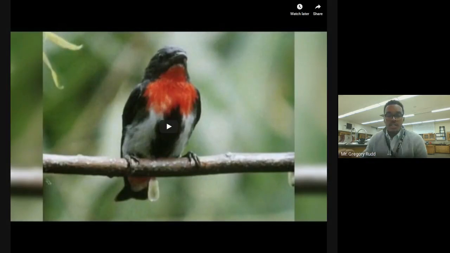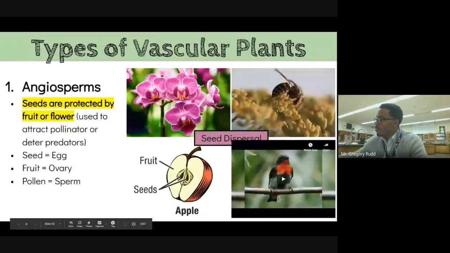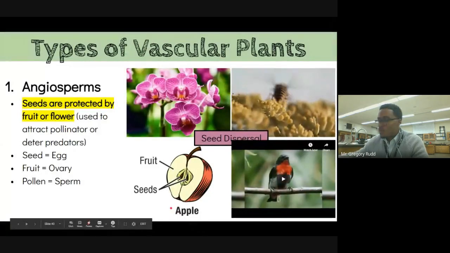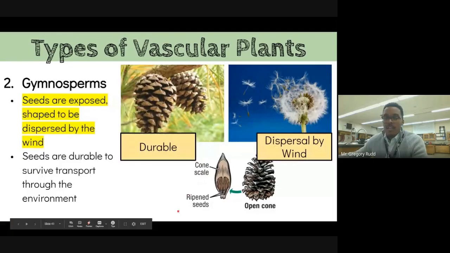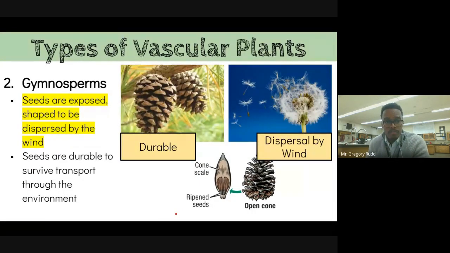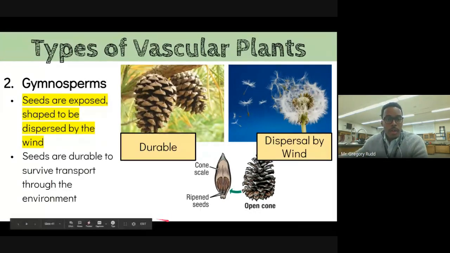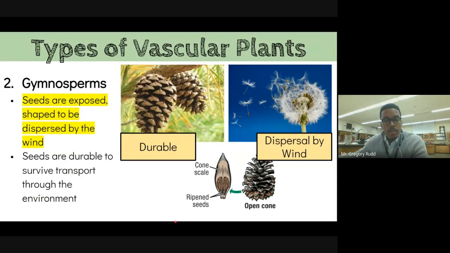All right, so that's an interestingly gross process, but pretty remarkable as well. The other type of vascular plant is a gymnosperm. Gymnosperms have seeds that are exposed, and they are shaped in order to be dispersed by the wind.